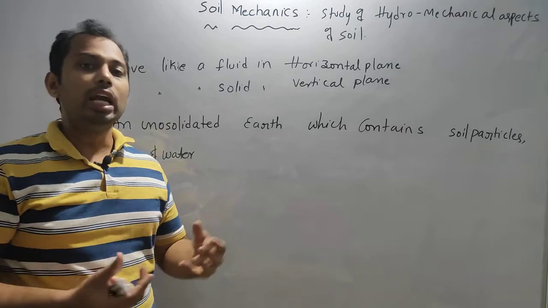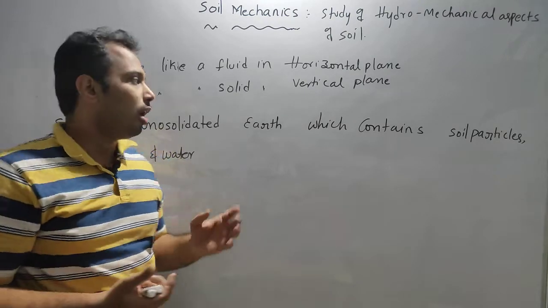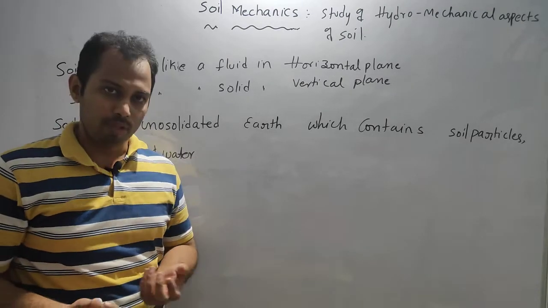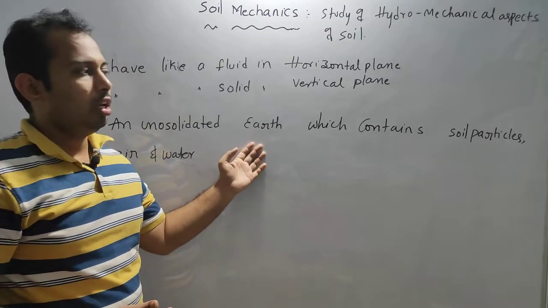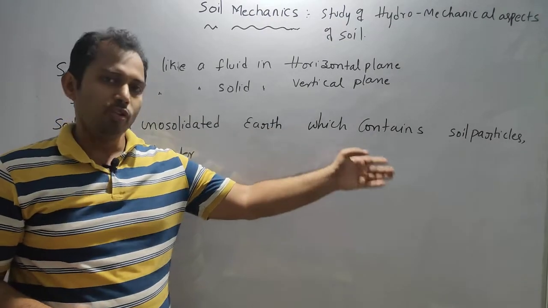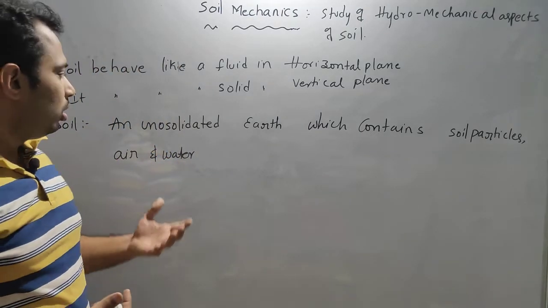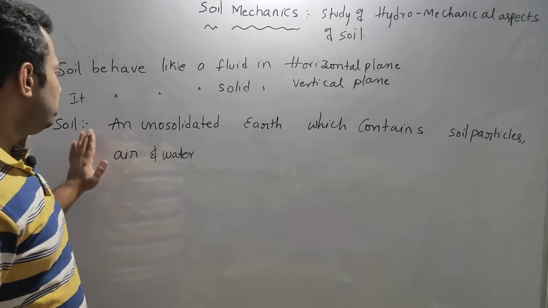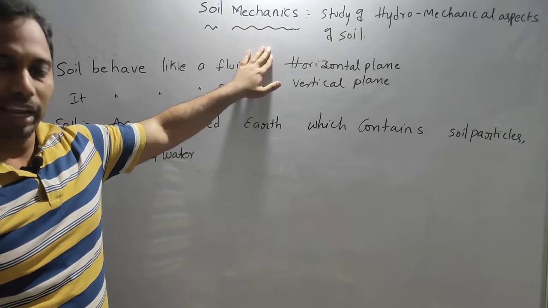If it is in undivided form, how can we say that is soil? Unconsolidated form is nothing but the divided form of a rock. So the unconsolidated earth contains majorly soil particles, and also it contains voids, and those voids may be filled up with air or water. So this is the definition of soil, and that is the definition of soil mechanics.